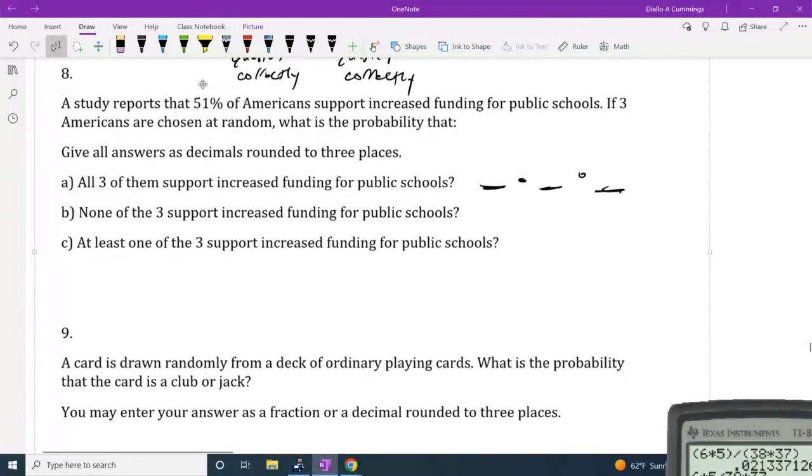Well, they give us that probability in the question, right? It says that 51% are going to support it. So the probability that the first randomly chosen person supports increased funding is going to be what? 51%, right? Remember, you've got to change that percentage to a decimal in a calculation. And that 51% is going to be the same probability for the second and third person, right?